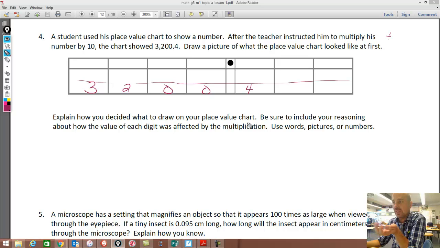So explain your thinking. Be sure to include your reasoning about how the value of each digit was affected by the multiplication. What did I have? Where was this 4 before? This 4 got multiplied by 10. If it got multiplied by 10, it got bigger, so that means it used to be smaller.